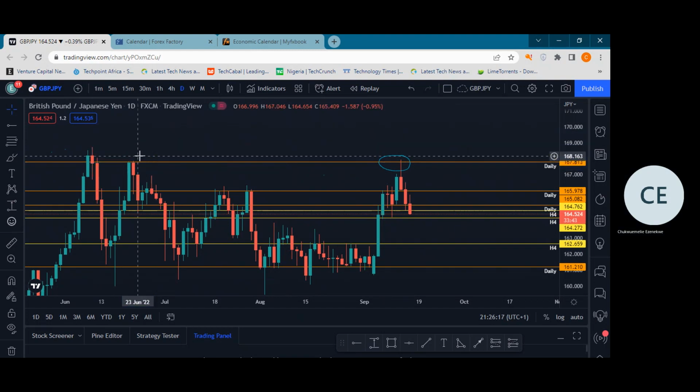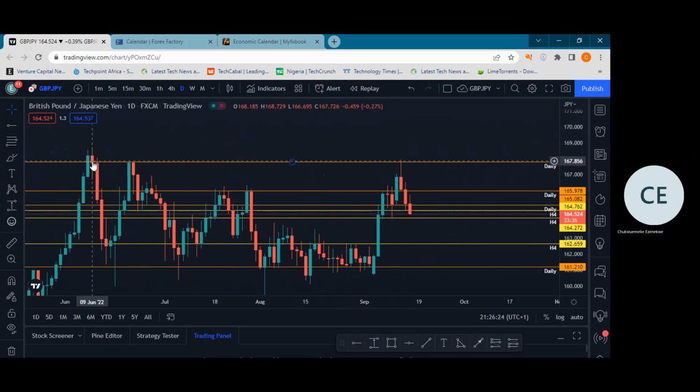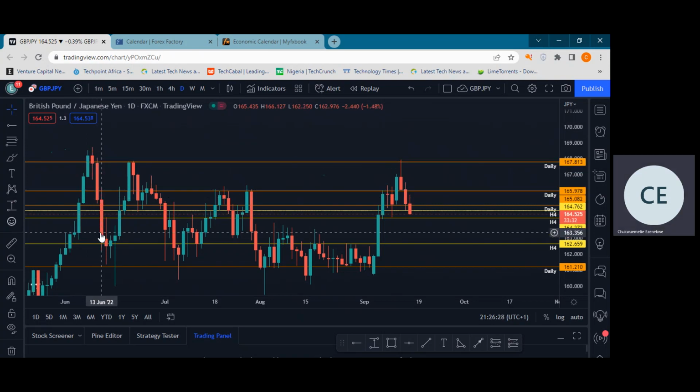You see the way there was rejection, strong candle, strong candle. This candle was not so strong as this other one. So this was really signaling that the bearish momentum was coming to an end, and from here you would most likely start looking for a support, which was what happened subsequently.